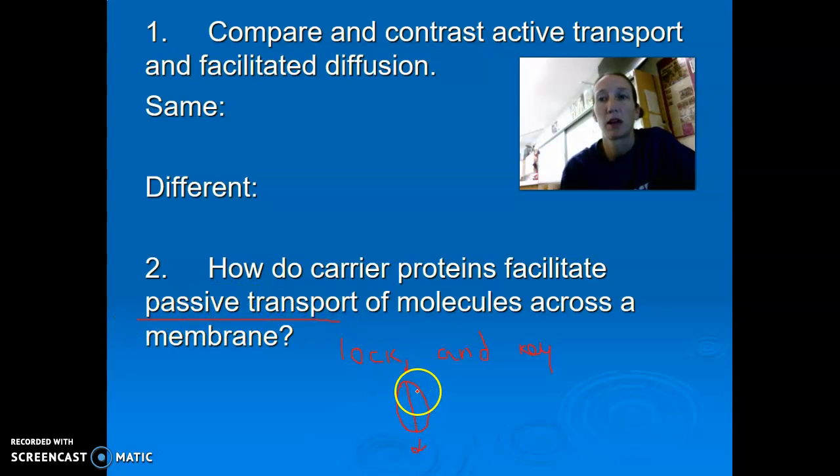Sometimes that protein can only fit certain molecules, so it can only bring in this type of molecule through the protein. So even though it's passive, it can once again only go from high to low, but the protein can dictate what comes in because it's like a key. Only certain molecules can go through certain proteins.